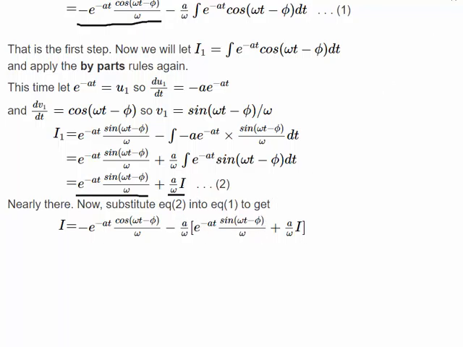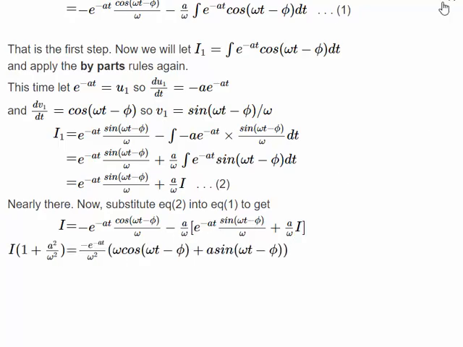So the first thing we're going to do is to move the I term onto the left hand side. We've got minus a over omega here, we've got a over omega here, which means we've got minus a squared over omega squared, which when we move it onto the left hand side we'll end up with plus a squared over omega squared. And then we have a minus e to the minus at here and a minus e to the minus at here. So we'll take that outside of a bracket. So we've got minus e to the minus at over omega squared.